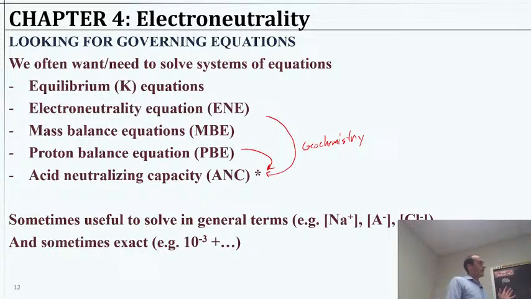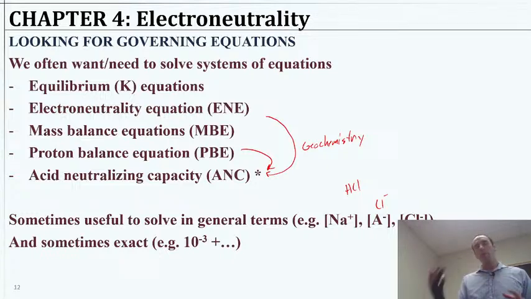Sometimes we'll have a system where we simply want to leave it in general terms, like the total concentration of A minus, which would be the acid, right? So I guess the conjugate base, I mean. So like HCl, the Cl minus would be the A minus there. So it's like the acid that has given up its proton. Na plus, Cl minus, all that.